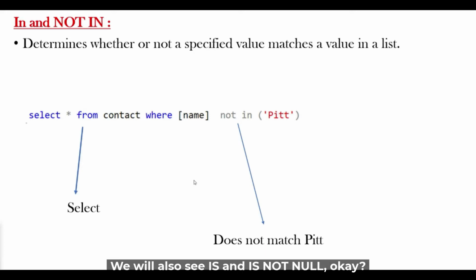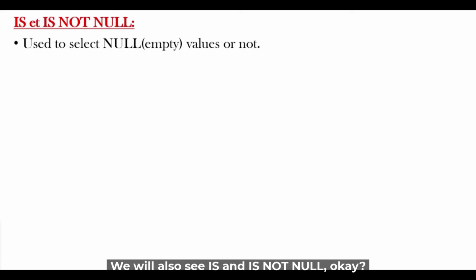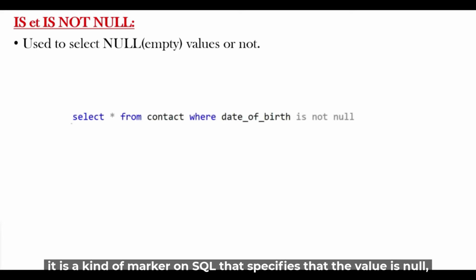We will see also IS NULL and IS NOT NULL. Okay, they are used to select null values or not. Null corresponds to a value that is nothing. It's a kind of marker in SQL that specifies that the value is null.